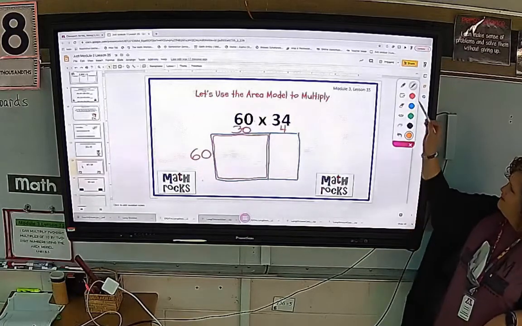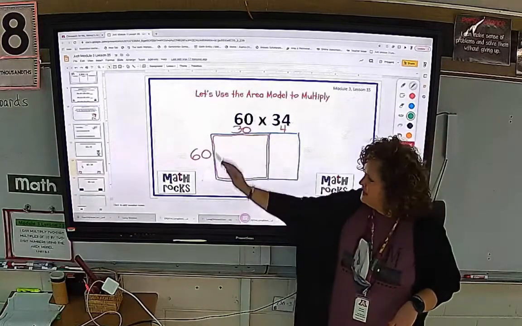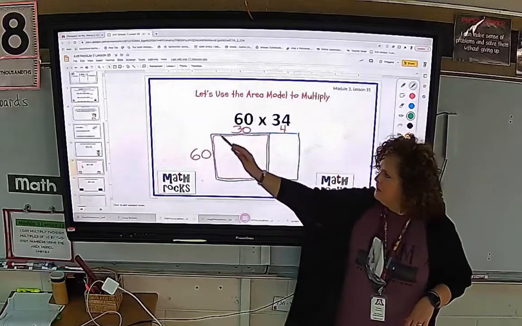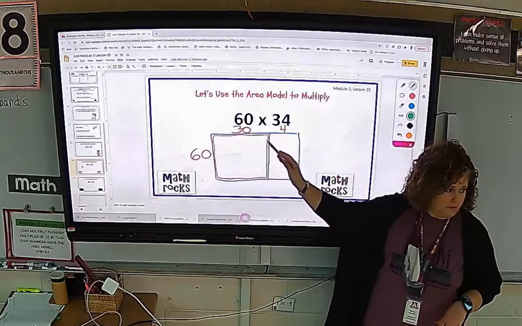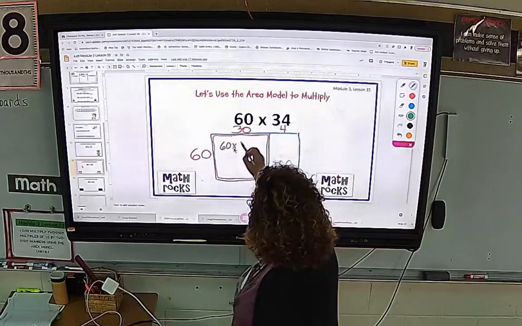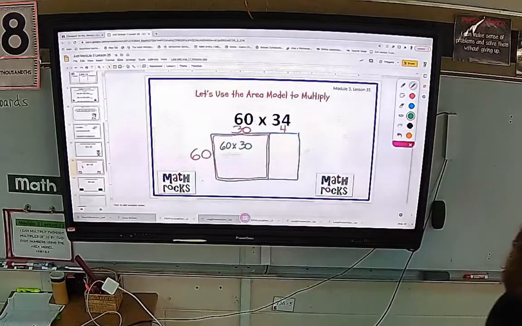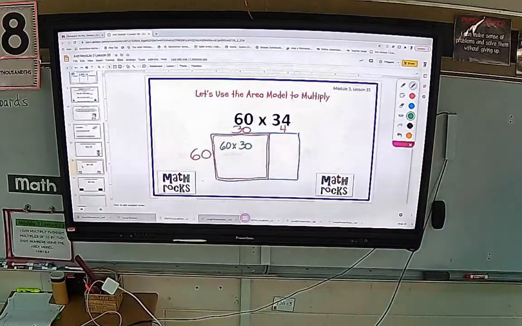Anyway, if I'm looking at just that piece first, I've got 60 times what? 30. So in here, I would write 60 times 30. Okay, because that's the area of that piece. Okay, what would I write in the other box? Ishmael, what?